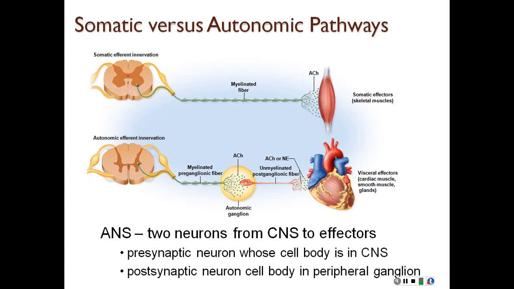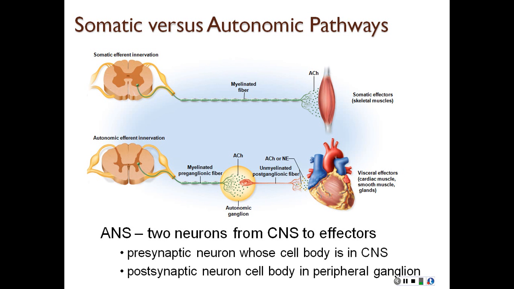A couple more things here that you'll see in your book in a couple of slides. So where is the autonomic nervous system? Again, it carries a signal from what? The CNS, so this is the spinal cord, out to an effector here, which would be the heart. And this is comparing the somatic motor division to the visceral motor division.